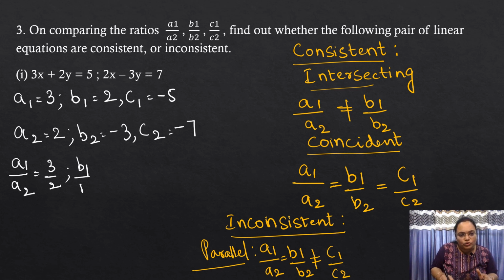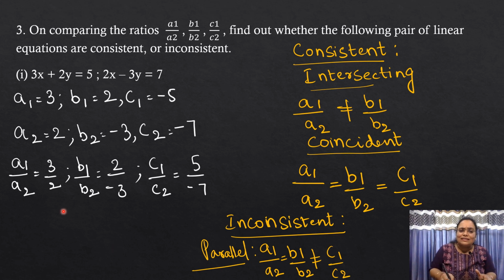B1 by B2 is equal to 2 by minus 3. C1 by C2 is equal to 5 by minus 7. So we can see that all the ratios are different, right? If you see these two ratios, A1 by A2 and B1 by B2, they are not equal.